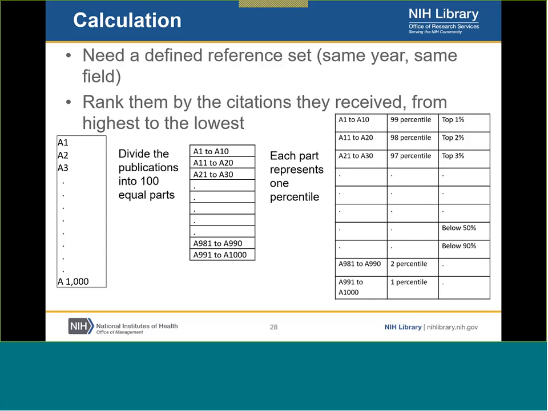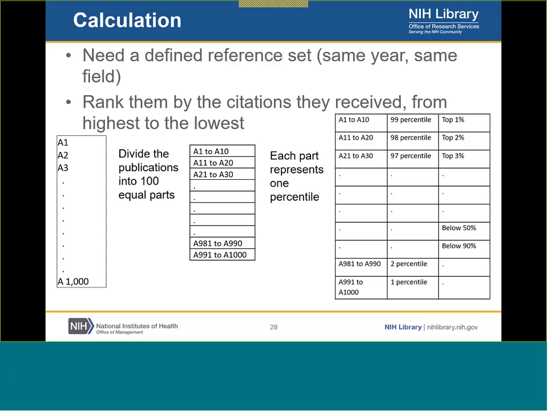Once you have the publication set, you would like to rank them by the citations they received from the highest to the lowest. Then divide them into 100 equal parts so that each part will represent 1 percentile. Many of the databases use inverted percentile, so 99 percentile will represent the top 1%, 98 percentile will represent the top 2%.